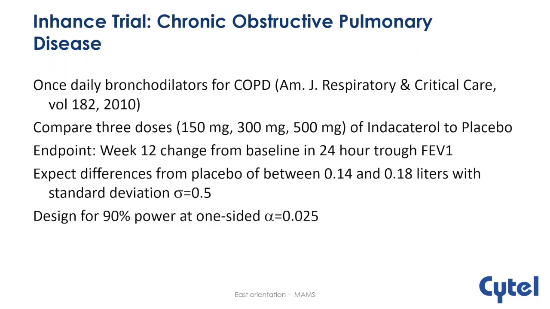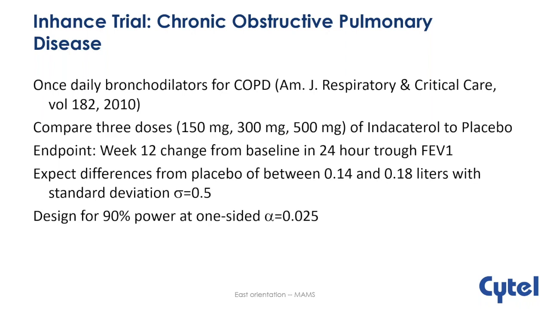Our endpoint is the change from baseline at week 12 in the 24-hour trough FEV1, and we expect the differences from placebo to be between 0.14 and 0.18 liters with a standard deviation of 0.5. We're interested in designing the study for 90% power and an alpha of 0.025.